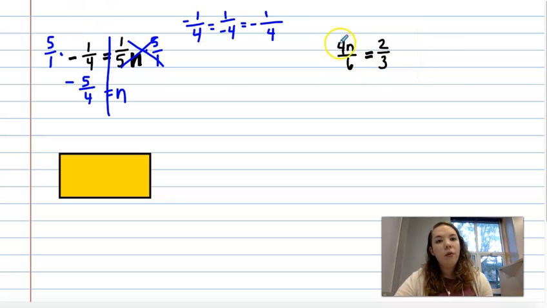Okay, 4/6 n equals 2/3. So the n is on the top, but it's the same if you want to rewrite it as the n being on the side. So that's another thing where those are the same. To get rid of a fraction, I'm going to multiply by the reciprocal.